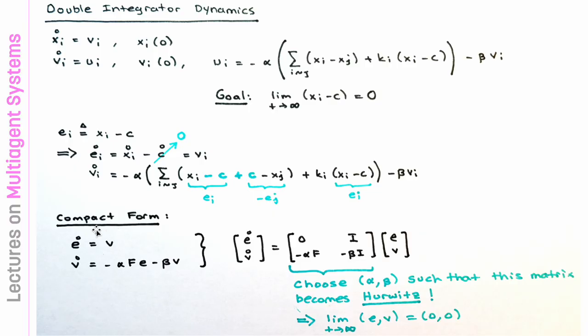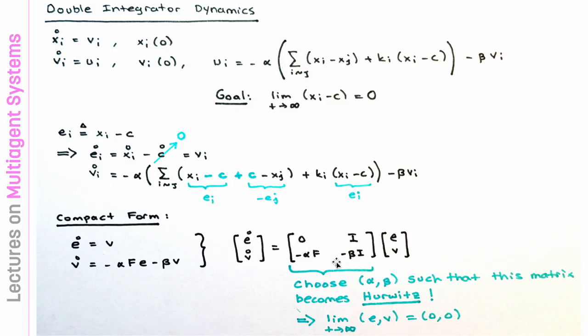So in compact form, this is our closed loop system. You can represent it as e dot, v dot compactly like this, where alpha and beta are positive scalars. Basically, the aim is, if you choose alpha and beta such that this matrix becomes Hurwitz, then the error goes to 0 and the velocity goes to 0.